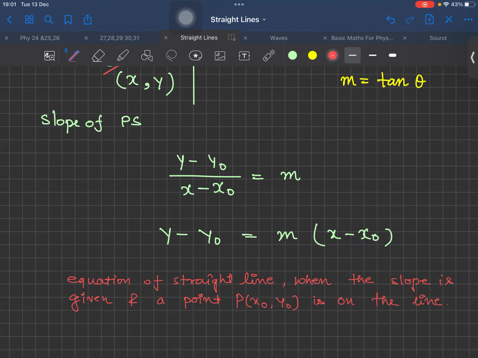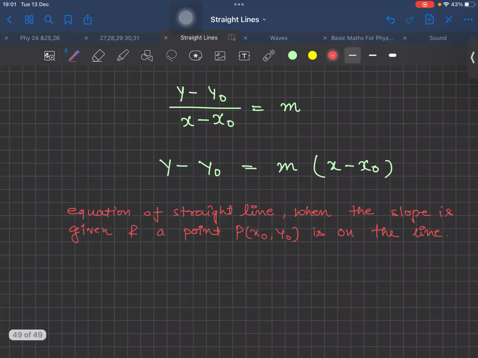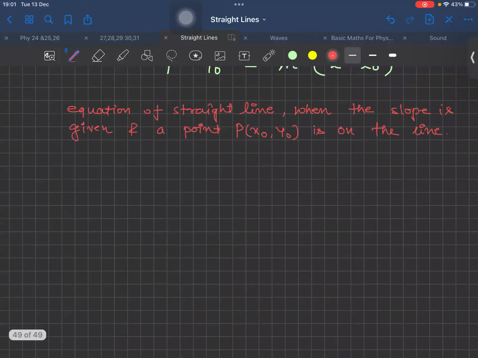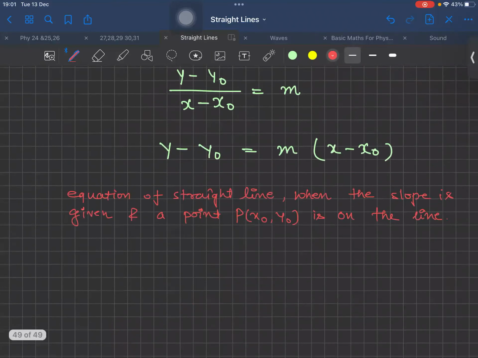If it's like that, we can find the equation of line.